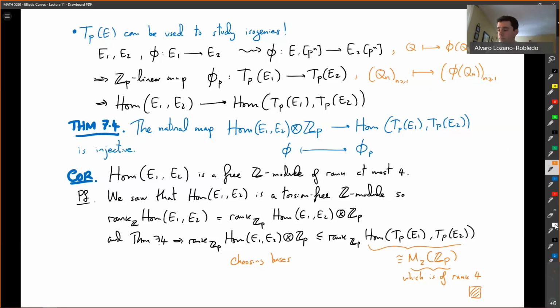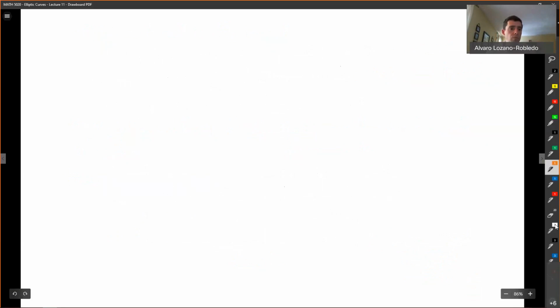Okay, all right. So I have a few minutes, so let me just give you some of the greatest hits in the theory of Tate modules. These are fairly deep results. This is theorem 7.7.